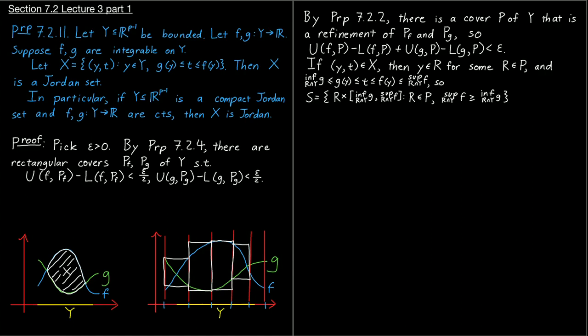I'm allowed to do that because for any rectangle where this is not true, there aren't any points in X above it.